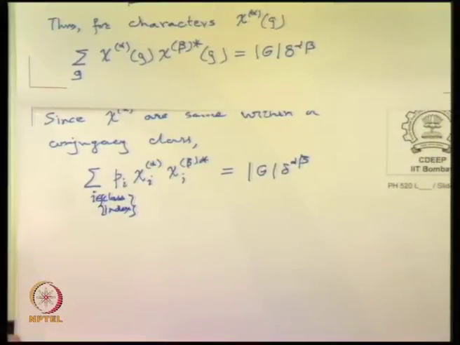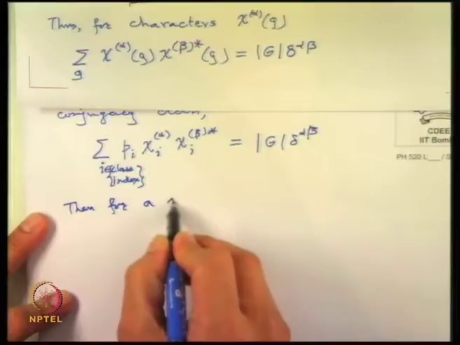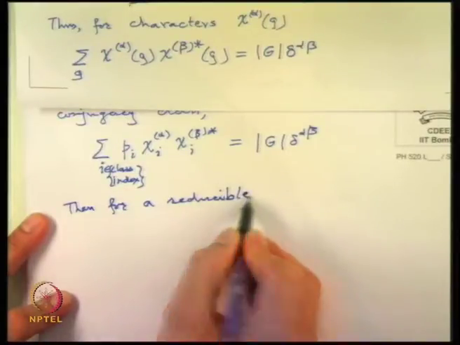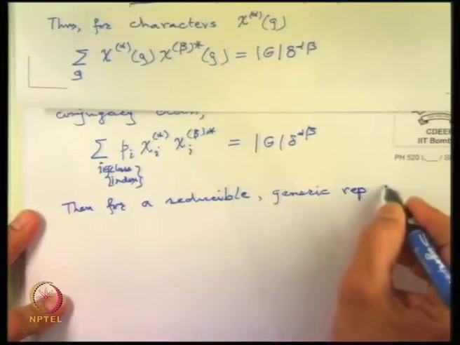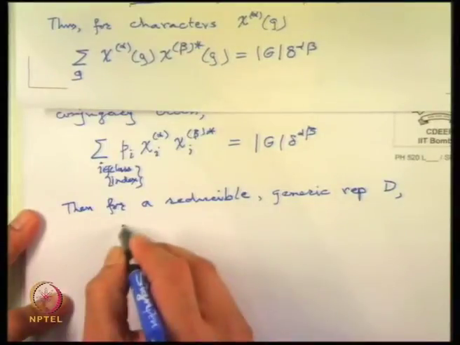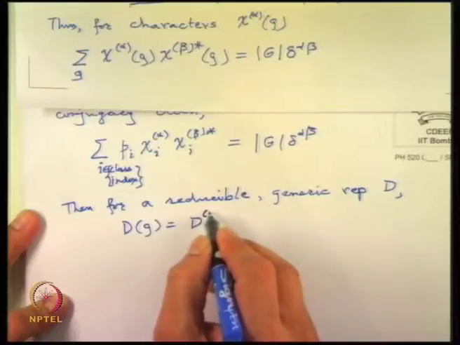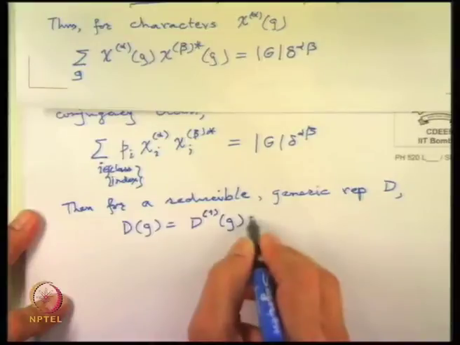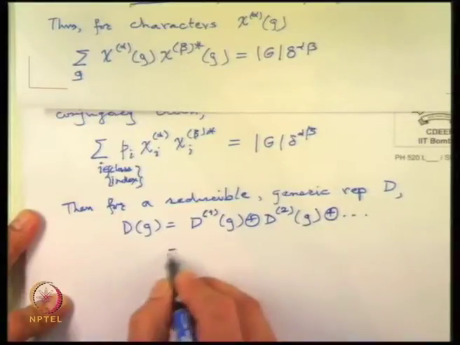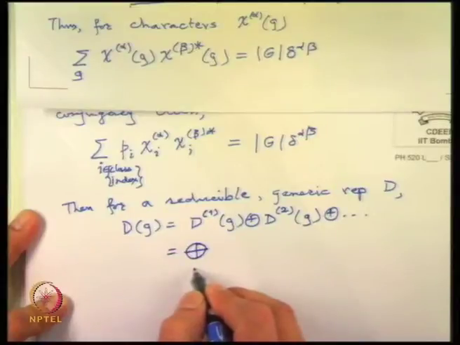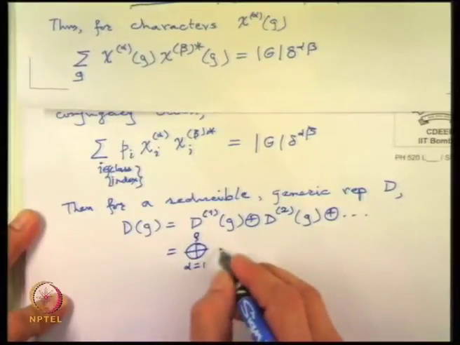Then we learned from this that we could in fact then for a reducible representation, which we just called D, such that D is a direct sum in the linear algebra sense of some standard way of listing irreducible representations, which we sometimes write symbolically as sum over alpha equal to 1 to rho, where rho is the total number of irreducible representations.